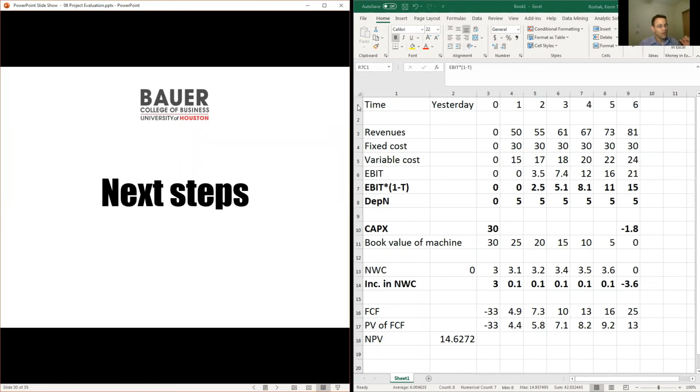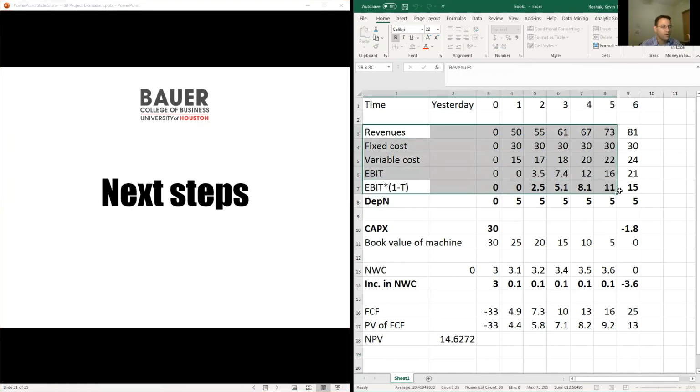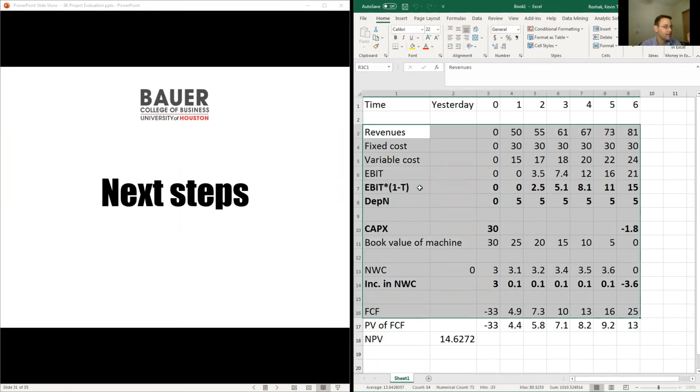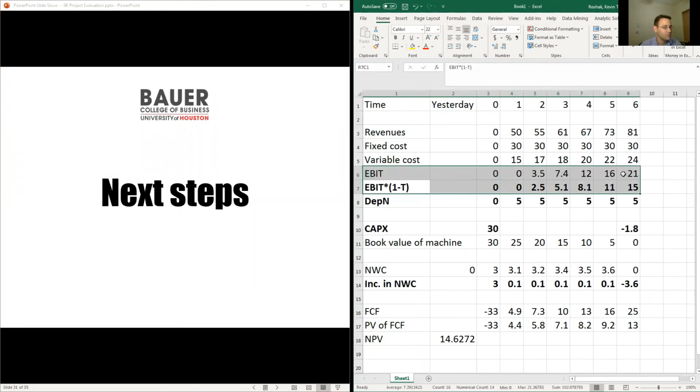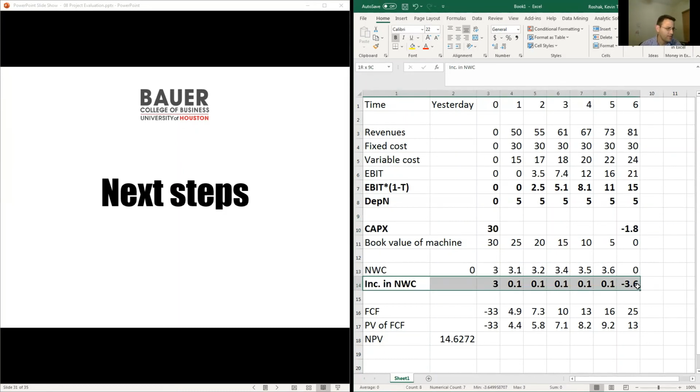So as you can see, with all of these problems, there looks like there's a lot of steps, and there are, but each step is pretty small. So you just have to remember how to do each individual thing, how to get the EBIT, what's in this EBIT, what's in that NOPLAT, what is depreciation, what is CAPX, how do we track the increase in net working capital, whether it's a current liability or a current asset.